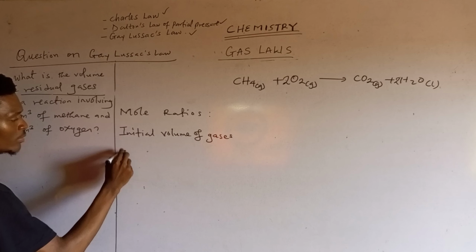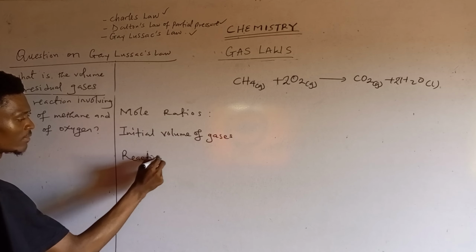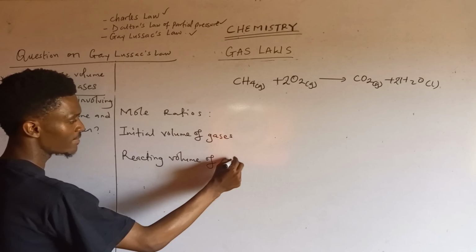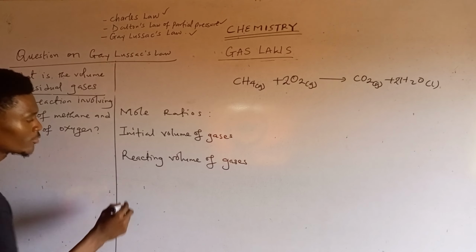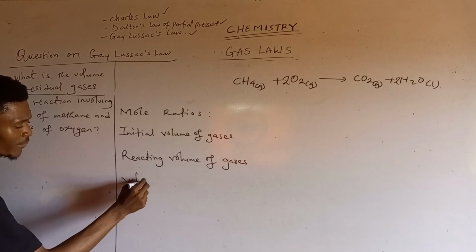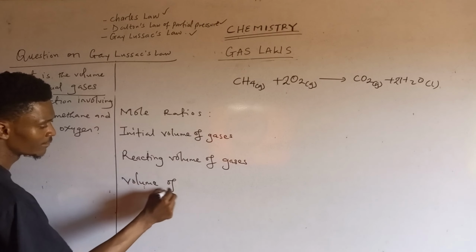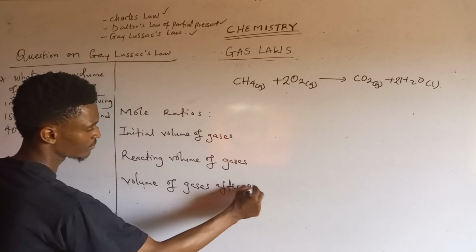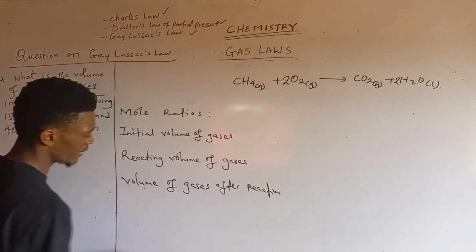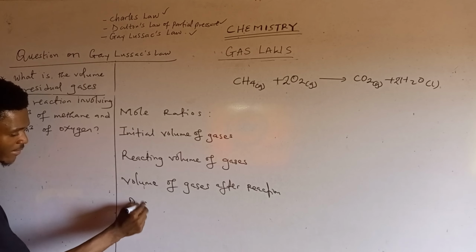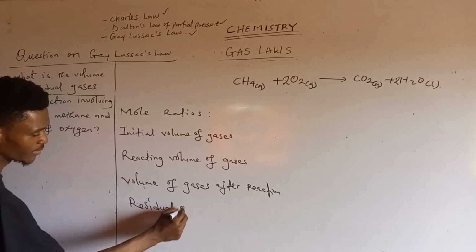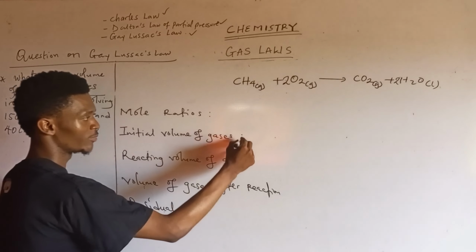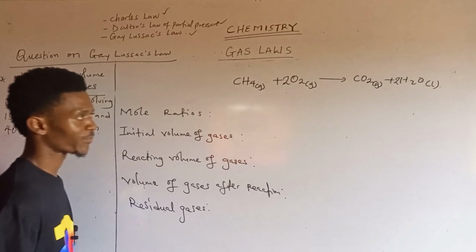Then the reacting volume of gases. Then the volume of gases after reaction. Then you also need to know the residual gas, which is the one you are told to calculate. All right. So these are the things that we need to know.